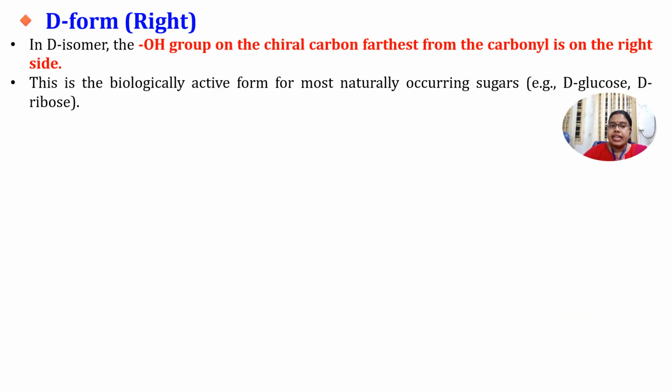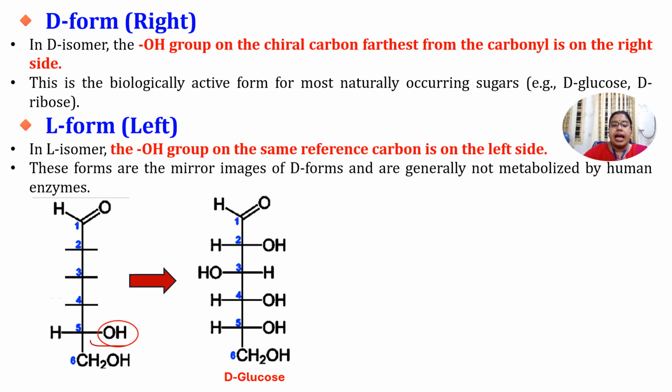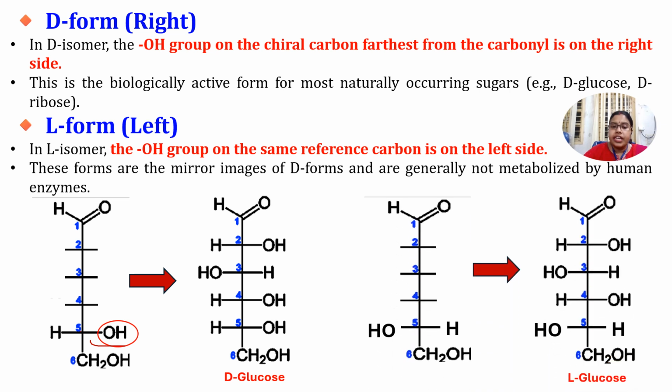We already described that the D form means the OH group on the chiral carbon farthest from the carbonyl group is on the right hand side. And if the OH group is on the left hand side, then it is the L form.